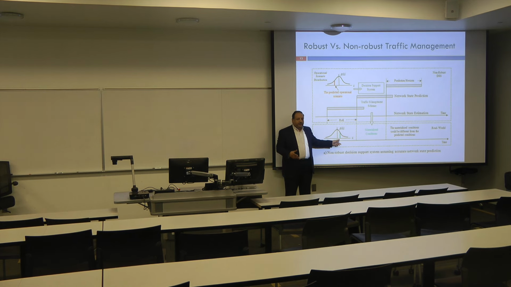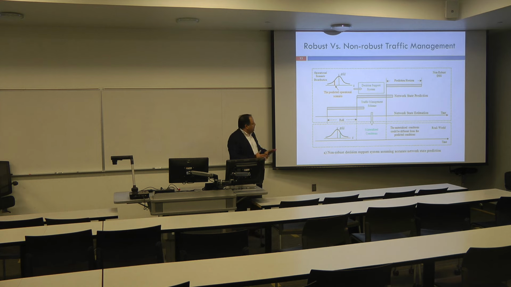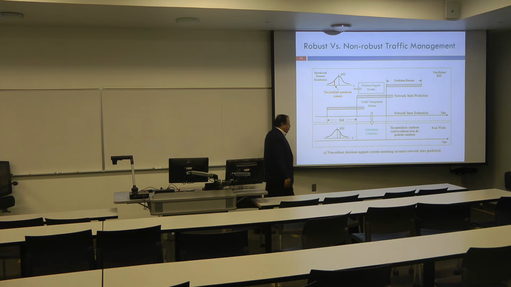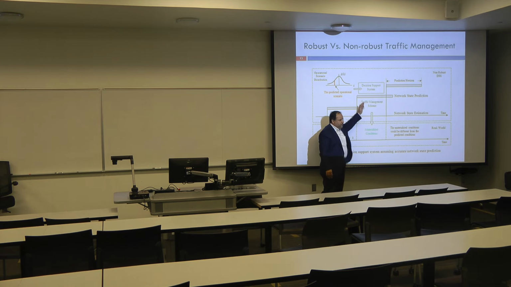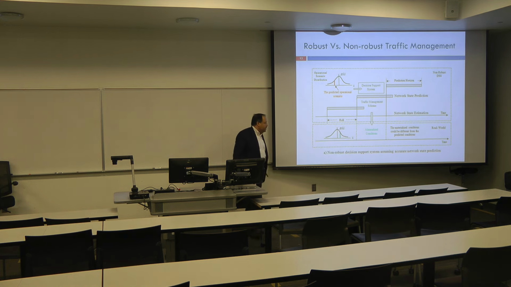The real world could have a different operating scenario, and they are different from each other. So you end up with a plan that doesn't really match the real world. But when we published this paper, we didn't have the idea of robustness. We assumed that our prediction is perfect, and whatever is predicted here matches exactly the real world. This paper is accepted in Transportation Research Part C, very soon to appear. So what we're showing here is more of an extension of that.